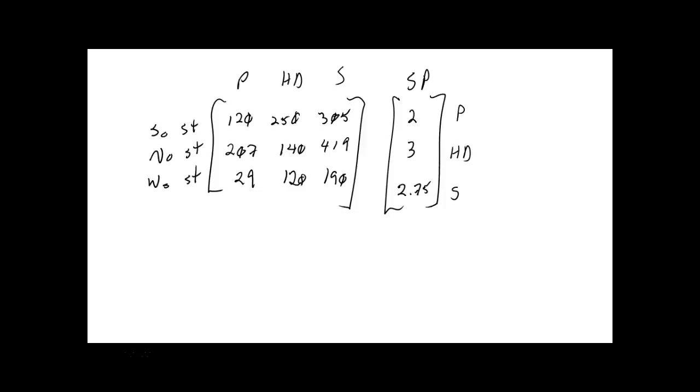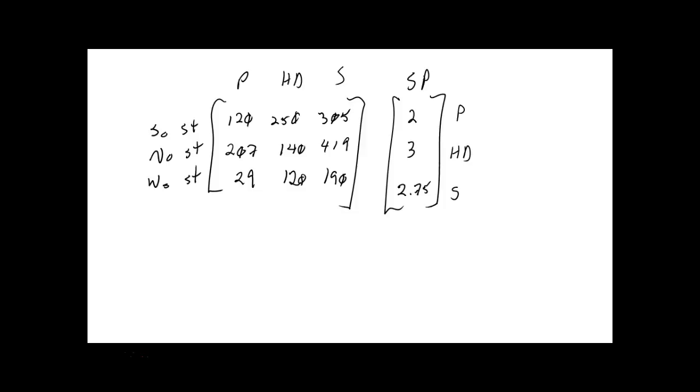On the north stand, 207 times $2 each, 140 times $3, 419 times $2.75. In the west stands, 29 bags of peanuts at $2 each, 120 hot dogs at $3 each, and 190 sodas at $2.75 each. So multiply those together.